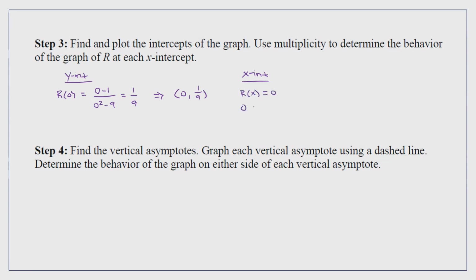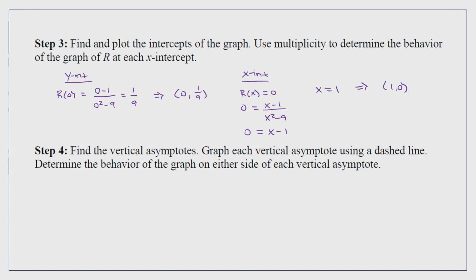So we have 0 equals x minus 1 divided by x squared minus 9. If we multiply both sides by x squared minus 9, we then have 0 equals x minus 1, which gives us x equal to 1. This gives us the ordered pair 1, 0.